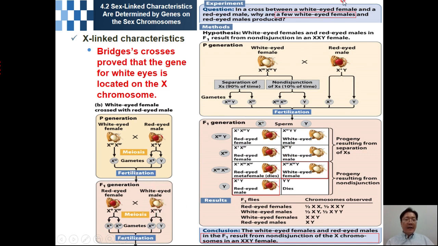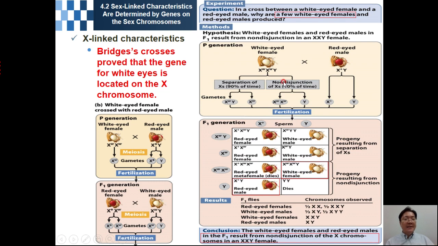But they found a few new white-eyed females and also red-eyed males. Based on this, all of the red-eyed are supposed to be female, but they found red-eyed males and also white-eyed females. Why does this happen?